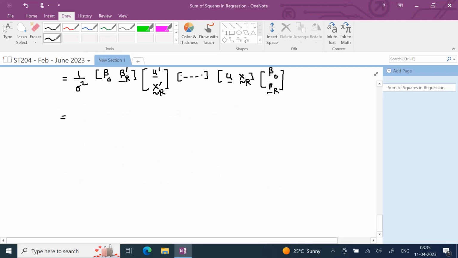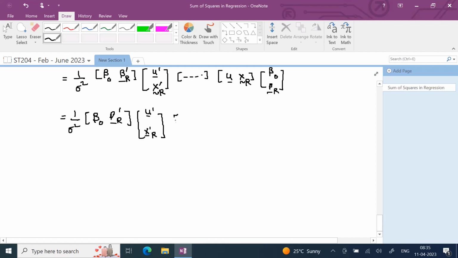Let me now write this matrix and try to take products. So I have 1 by sigma square, beta naught, then beta r prime, U prime, X r prime.